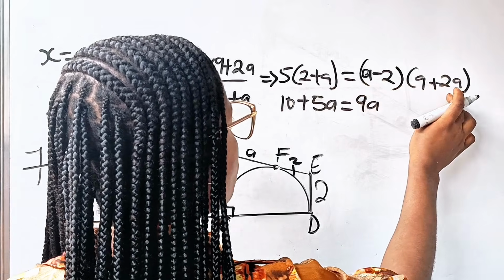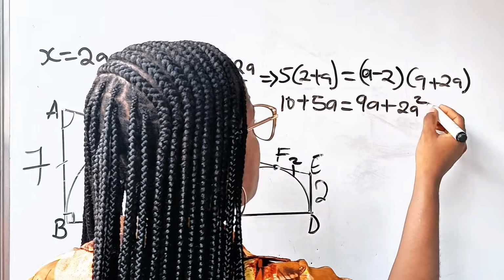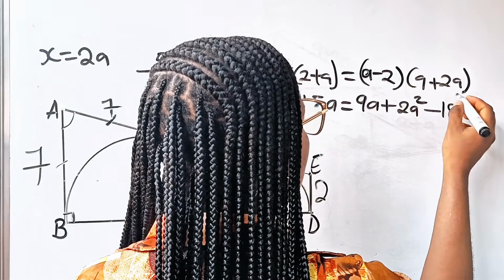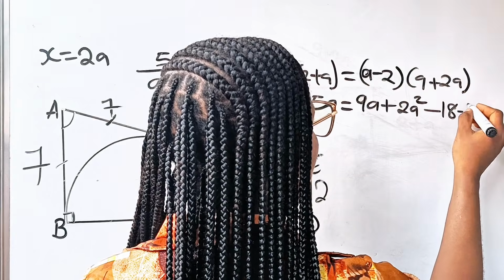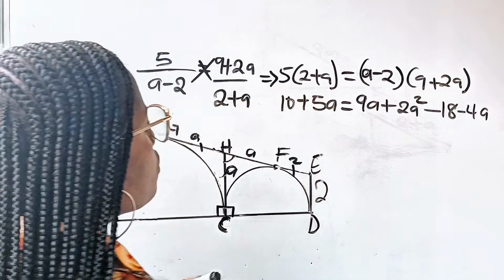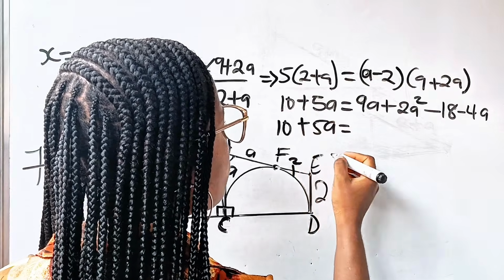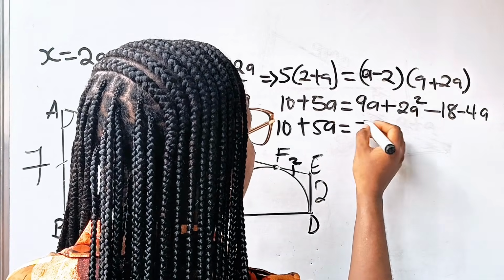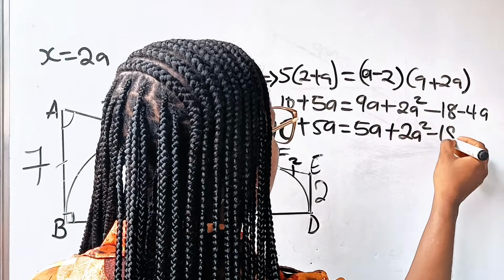A times 2A is plus 2A squared. Minus 2 times 9 is minus 18. And minus 2 times plus 2A is minus 4A. So we have 10 plus 5A is equal to 9A minus 4A, which is 5A, plus 2A squared minus 18.